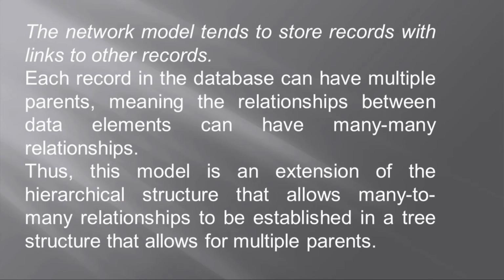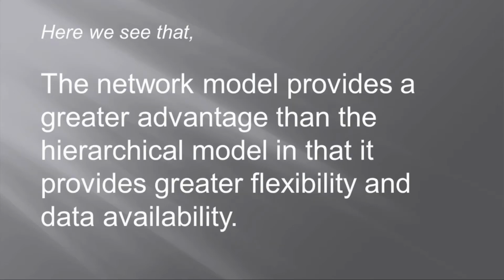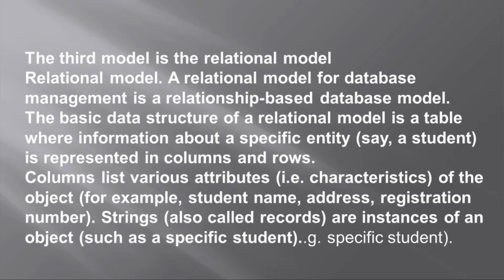Thus, this model is an extension of the hierarchical structure that allows many-to-many relationships to be established in a tree structure that allows for multiple parents. Here, we see that the network model provides a greater advantage than the hierarchical model in that it provides greater flexibility and data availability.